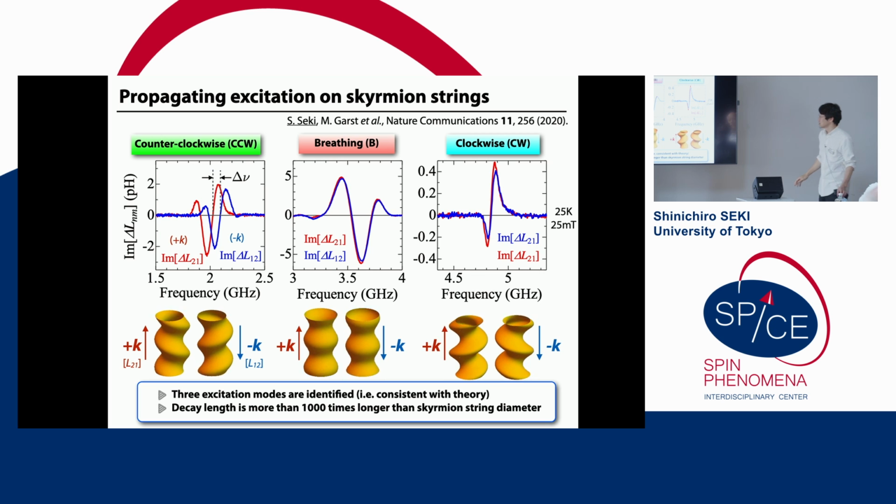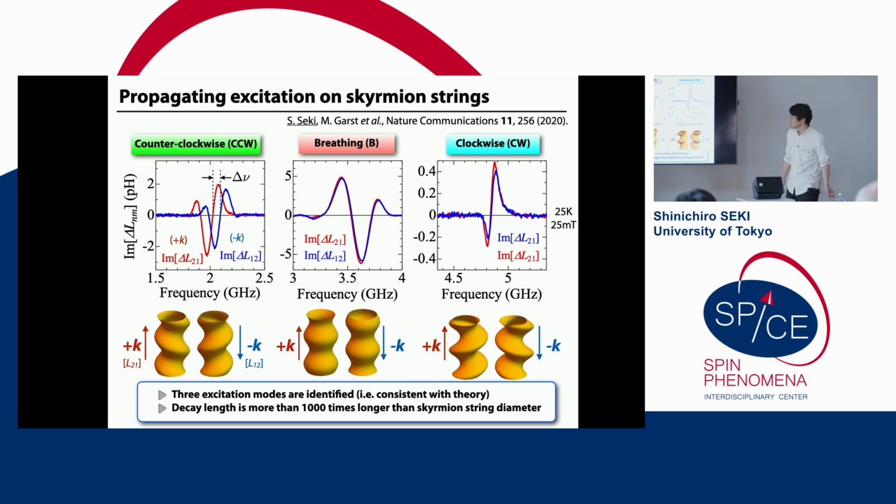And this is the experimentally observed propagation character of the excitation modes on the skyrmion strings. Here I plotted the mutual inductance spectra for several different frequency ranges. From this data, we can identify the emergence of the three distinctive excitation modes. And from the comparison with theory, we can assign each mode as the counterclockwise, breathing, and clockwise excitation mode.